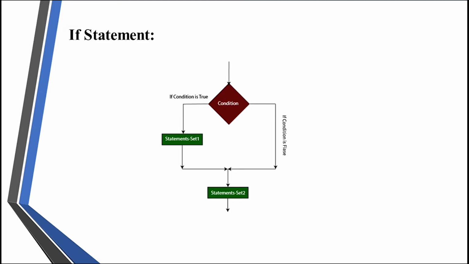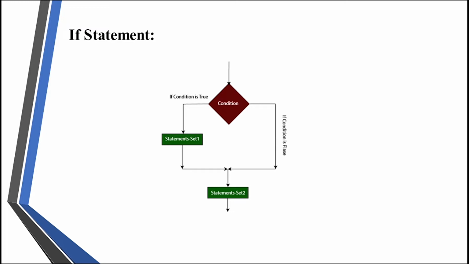Okay, so first is the if statement. See here, the statements are going to execute in a sequential way, and if the condition is true, statement set 1 will be executed. Otherwise, the false branch will be executed, but there are no statements under the false. It will directly execute statement 2.